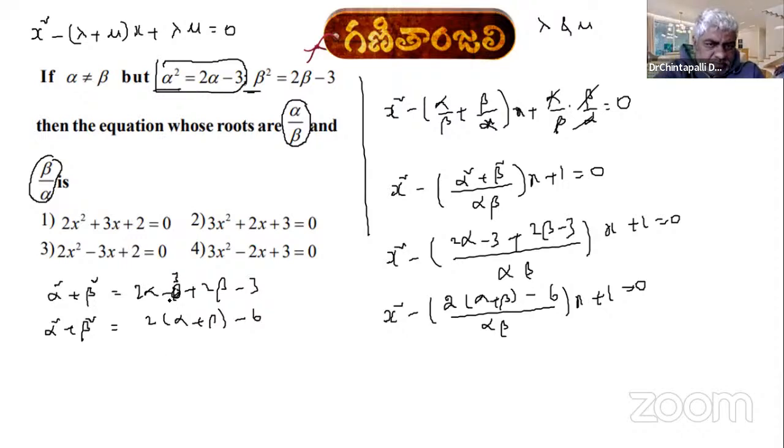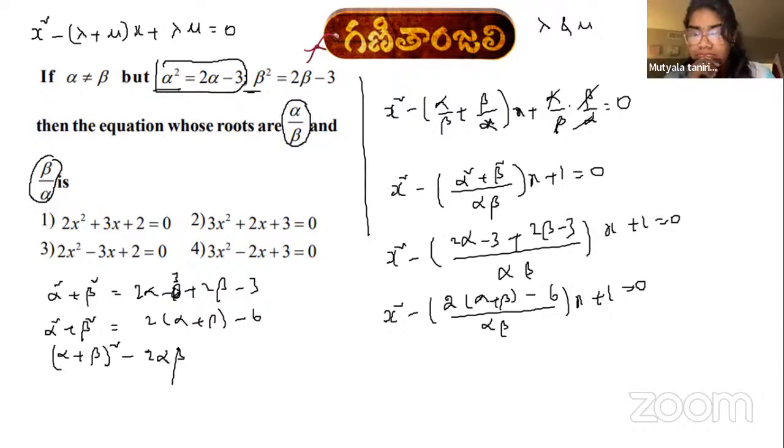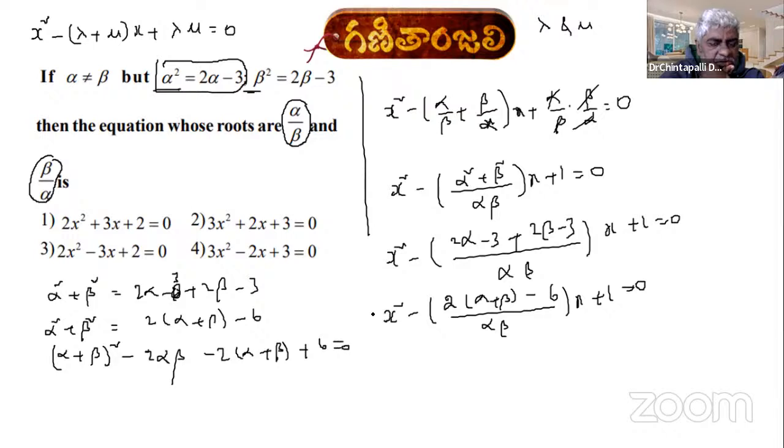Now, alpha square plus beta square can be written as alpha plus beta whole square minus 2 alpha beta, agree? Minus 2 times of alpha plus beta plus 6 is equal to 0.